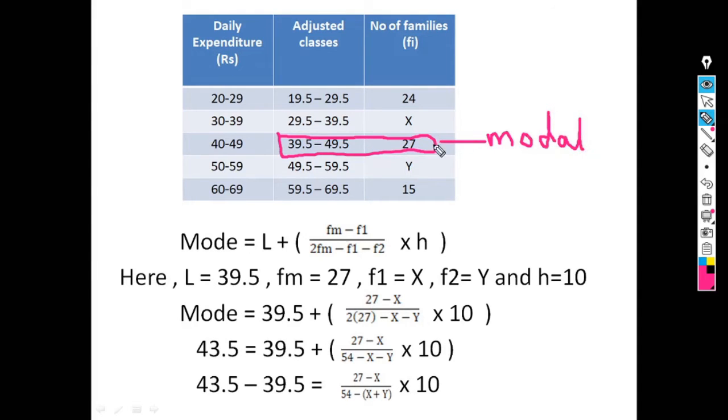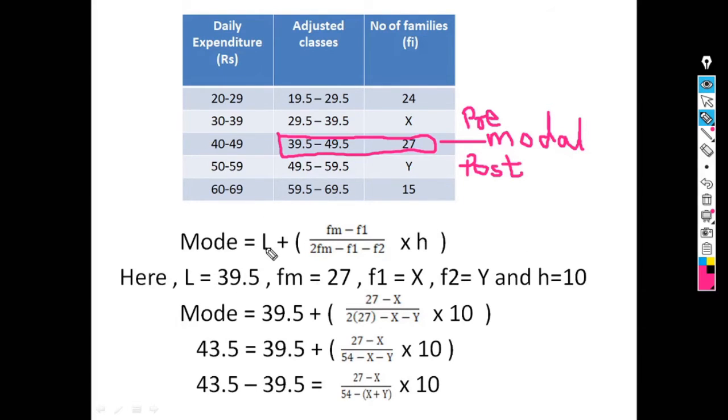After that, the class interval just above the modal class is known as pre-modal class, and the class interval just below the modal class is known as post-modal class. So all these classes are defined. After that, the formula for mode is equal to L plus (Fm minus F1) divided by (2Fm minus F1 minus F2) into h. Just substitute the values.